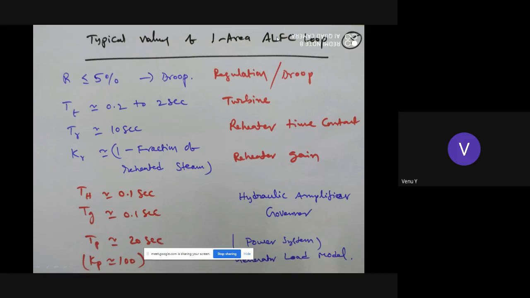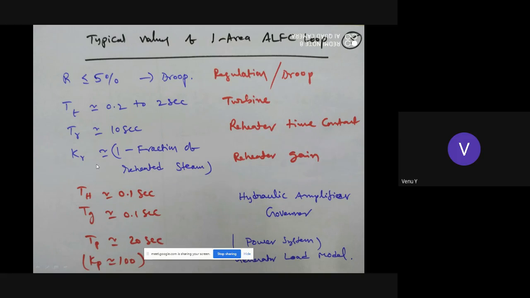So, typical values of the single area LFC loop: generally R is less than or equal to 5%. This is droop or regulation. Time constant of the turbine TT equals 0.222 seconds. TR is the reheater time constant, around 10 seconds.